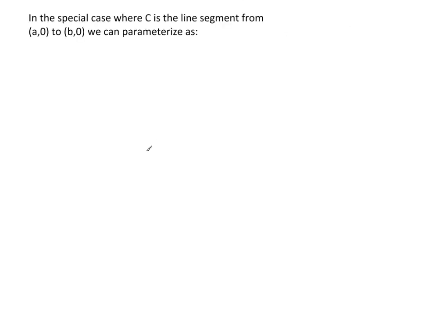Now, one last quick thought here. If we have the special case where C is a line segment from (a, 0) to (b, 0), then we can parameterize this simply as x equals x and y equals 0.